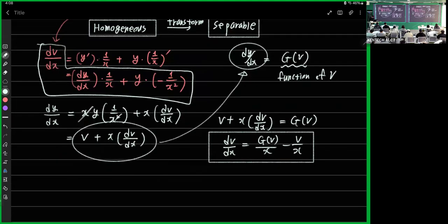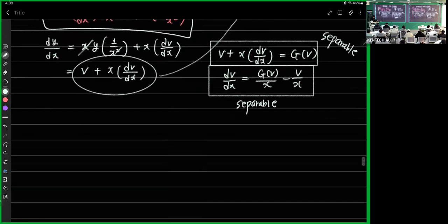We just multiply by x and dx and divide by dv, then it's separable. Or you don't have to rewrite it like this; from there, you can already say it is separable. You can just separate the v terms and x terms.